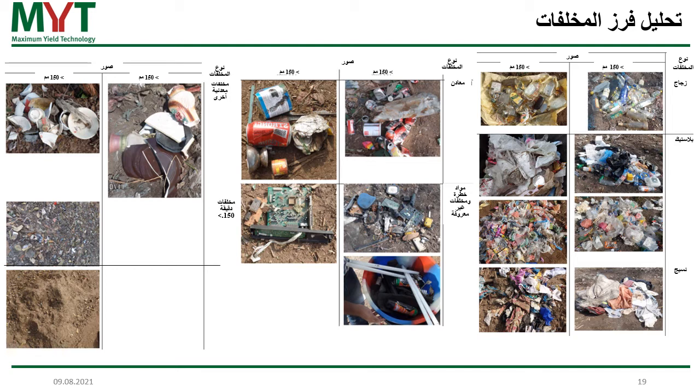And I think also for you, when you see a heap of waste, you see certain materials, but you do not really know what is in there. After you conducted such a sorting analysis by size and by fraction, you gain a much better understanding of what your waste looks like.